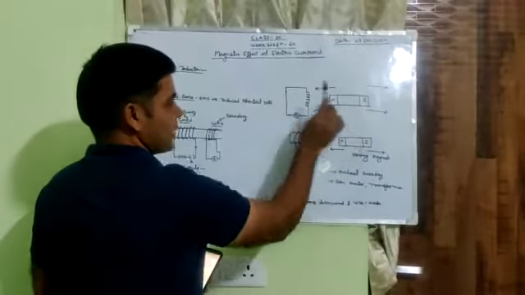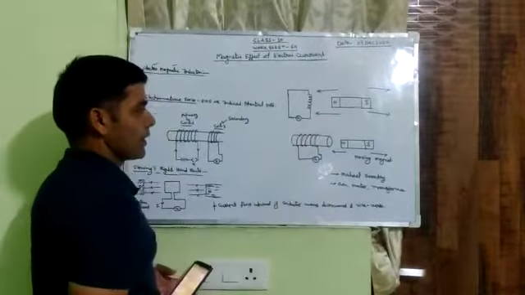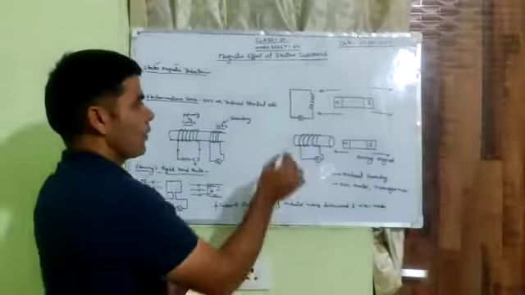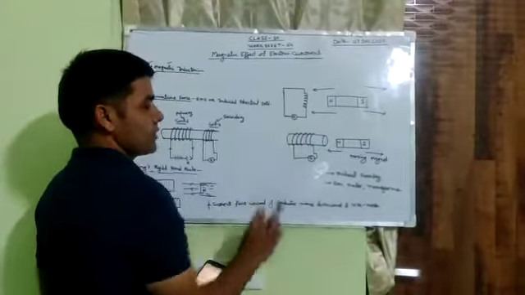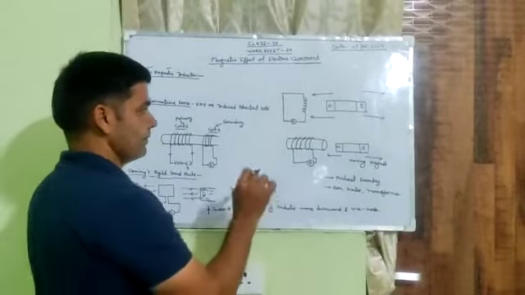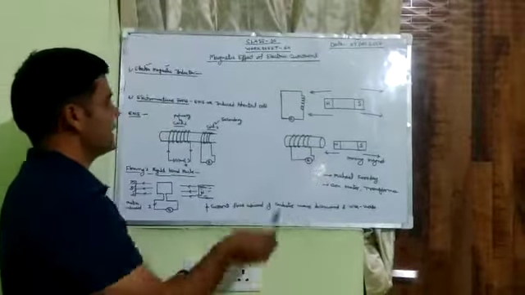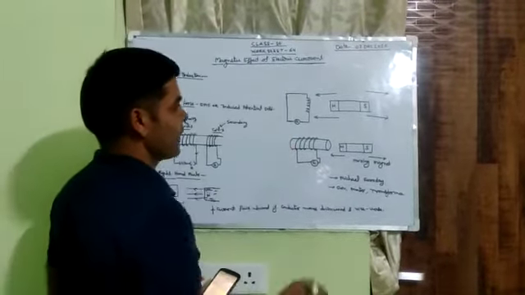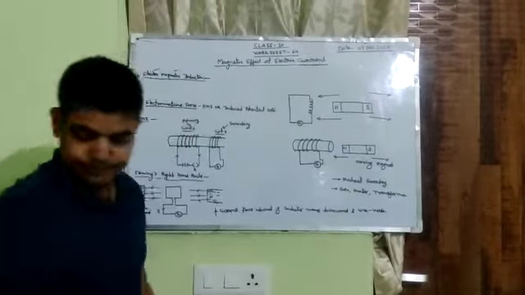This is the magnet and this is the coil we have taken, and one galvanometer is connected with this. What does a galvanometer do? A galvanometer just measures the current in the circuit. So we'll see how electromagnetic induction works.